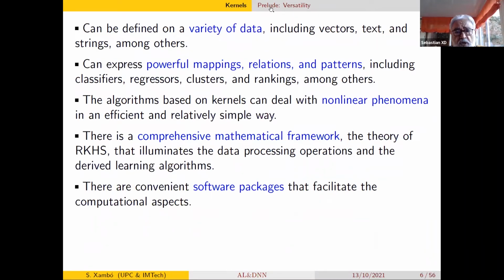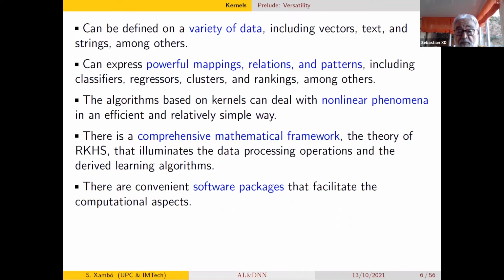I will start with a prelude on the versatility of the kernels. They can be defined on a variety of data, including vectors, text, and strings, among others. They can express powerful mappings, relations, and patterns, including classifiers, regressors, clusters, and rankings, among others. The algorithms based on kernels can deal with nonlinear phenomena in an efficient and relatively simple way.